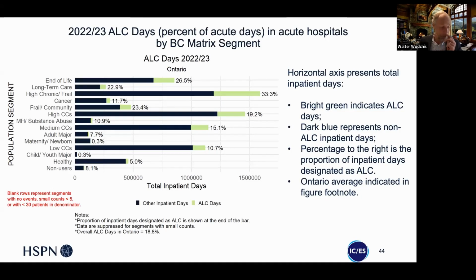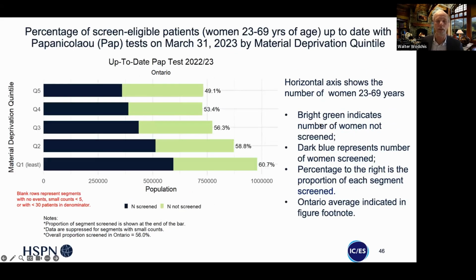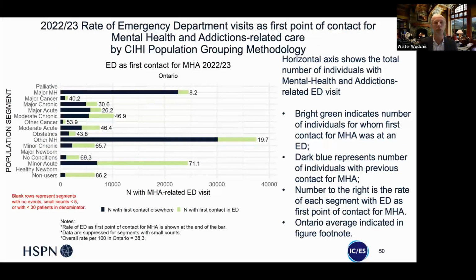Okay, and the last one we are going to stop on, which was ED visits best managed elsewhere. Oh, that actually, ALC days is here also by the POP group methodology, which is a little bit different. You see a little bit less emphasis here in palliative because it requires people to have palliative care as opposed to really being more designated near the end of life. So here we're showing it by the CHI-HIGH POP group methodology.